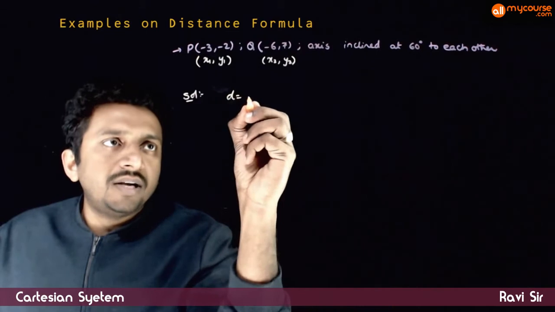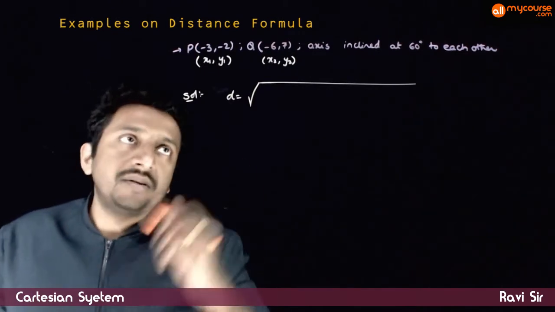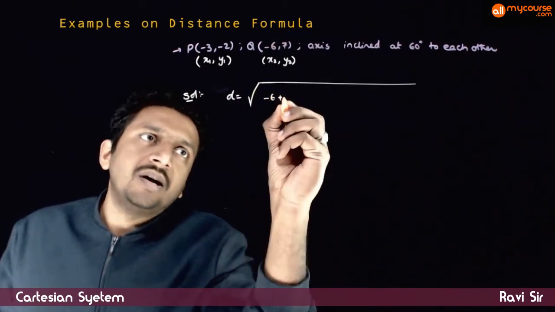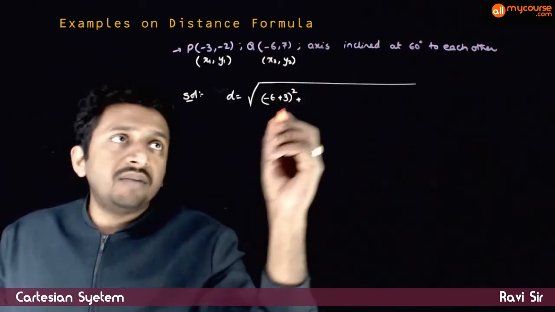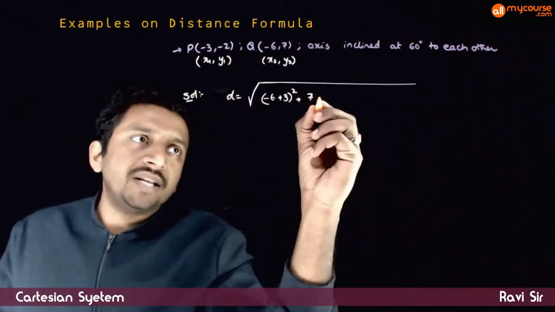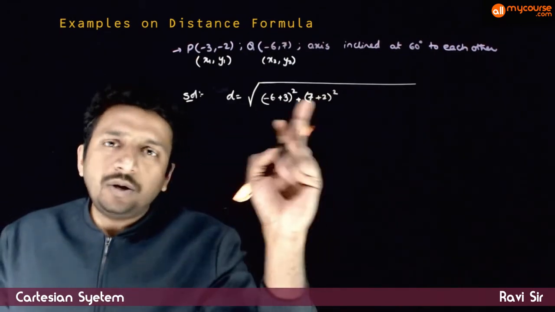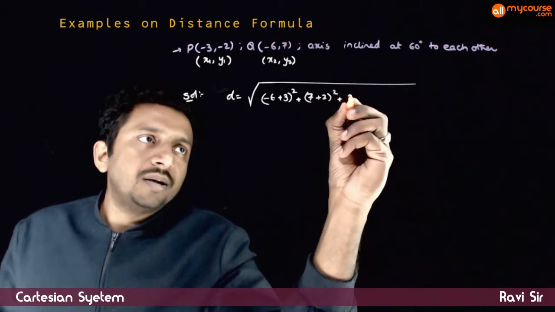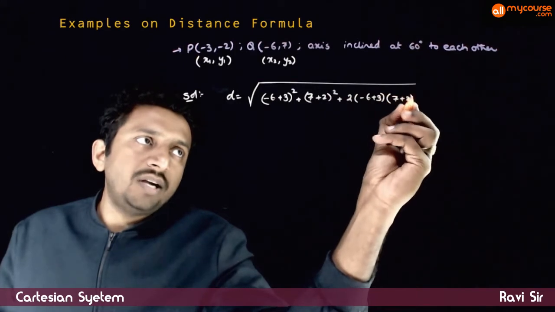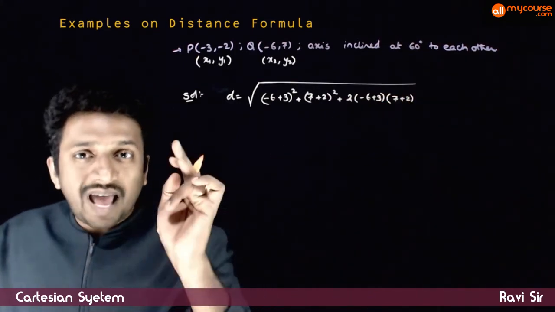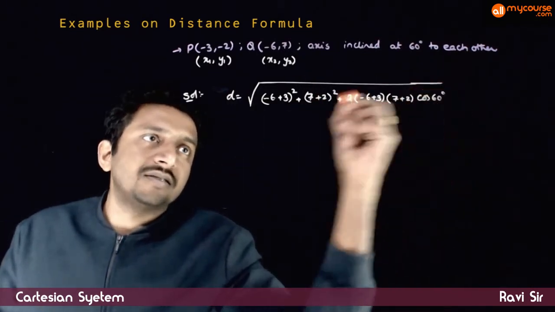So distance is equal to square root of x2 minus x1 whole square, that is minus 6 plus 3 whole square, plus y2 minus y1 whole square, 7 minus of minus 2 is plus 2 whole square, plus 2 times x1 minus x2 times y1 minus y2 times cos of angle between the axes, that is cos of 60 degrees.